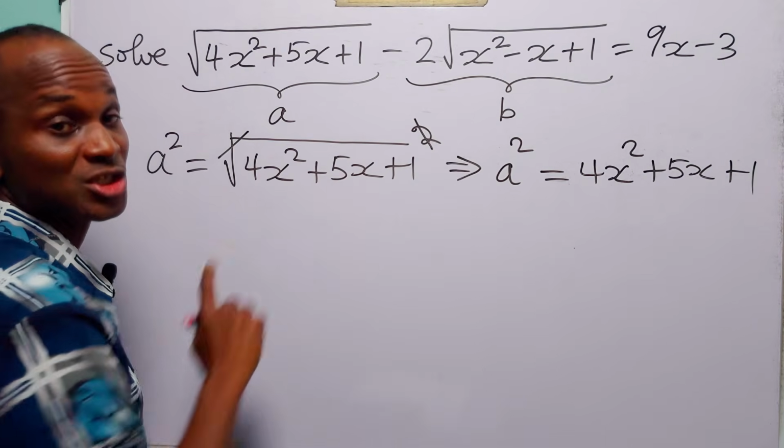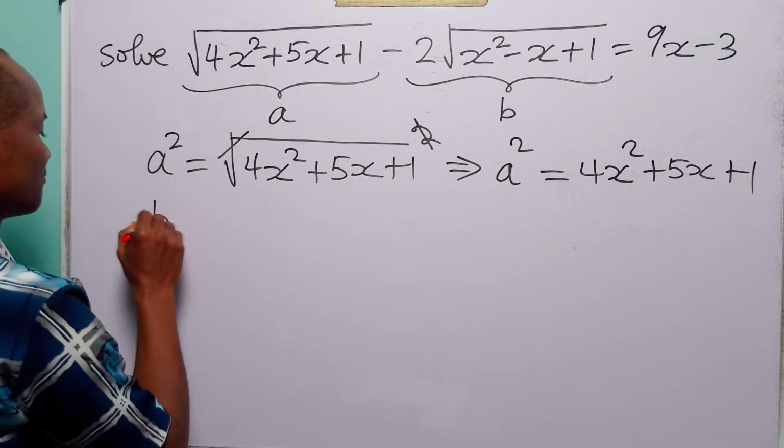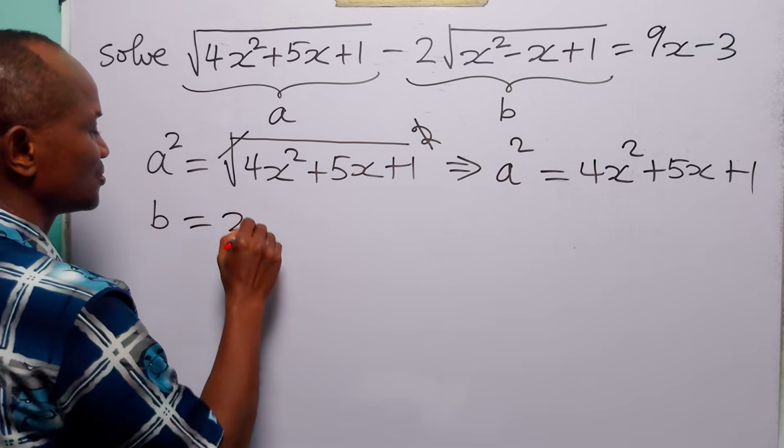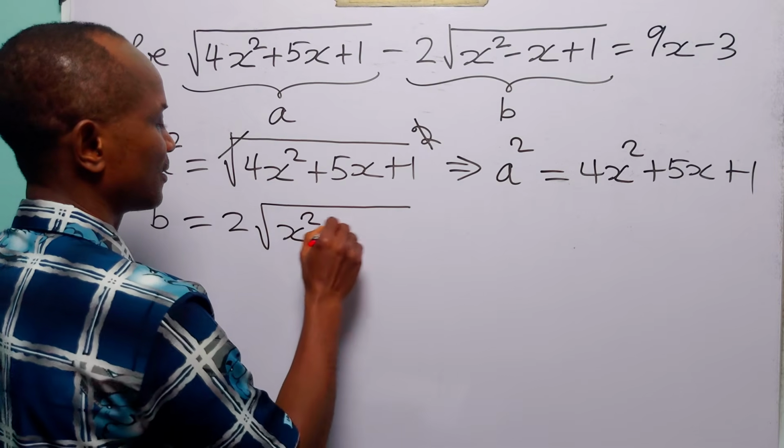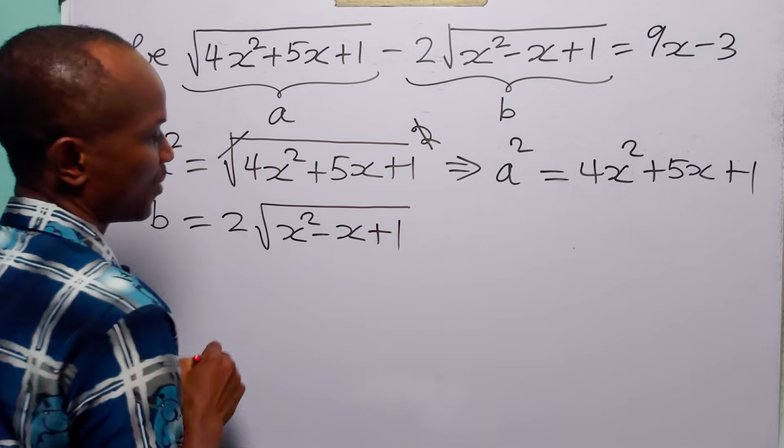And from the second substitution, we have that b is equal to 2 times the square root of x squared minus x plus 1.